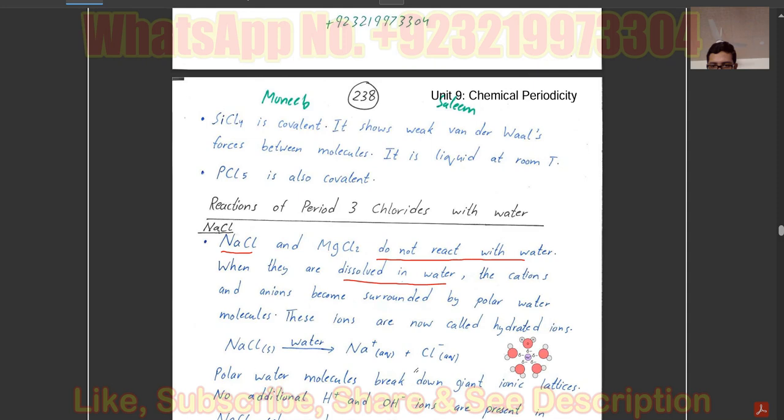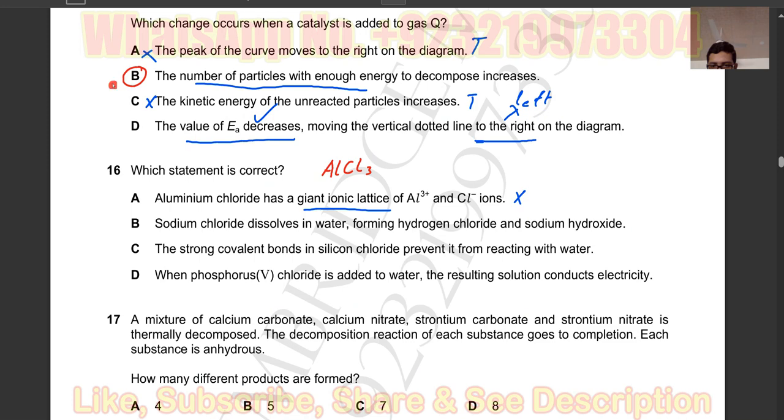So there is no formation of sodium hydroxide. So option B is also incorrect. Sodium chloride does dissolve in water, but it does not form hydrogen chloride or sodium hydroxide, because the pH of the solution remains 7.